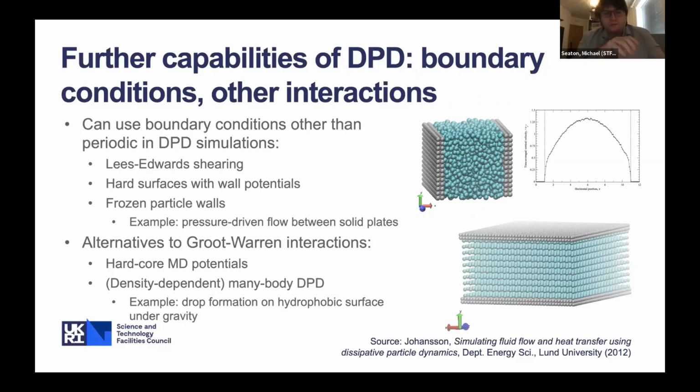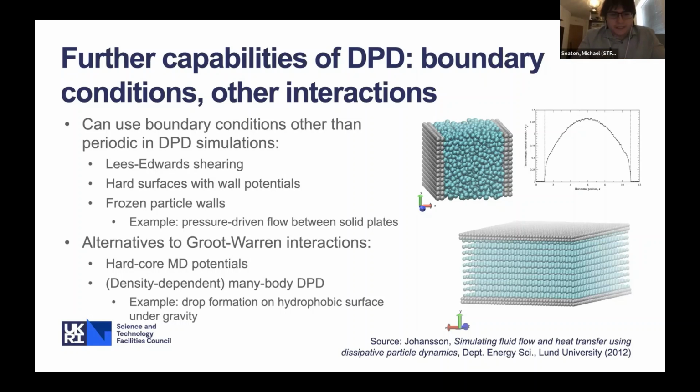There are also some alternative interactions that we can apply between pairs of particles. So we can use our molecular dynamics potentials with the DPD thermostat, for instance. And that's something you may want to consider if you're looking at systems with flow fields.